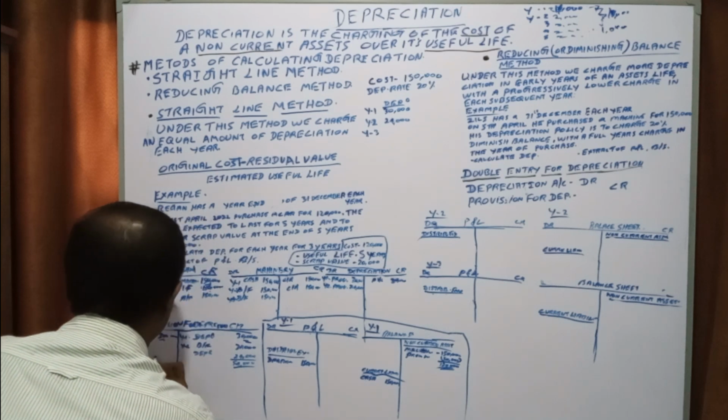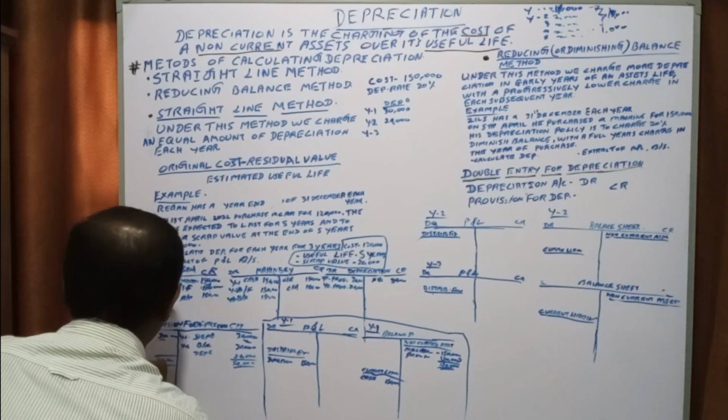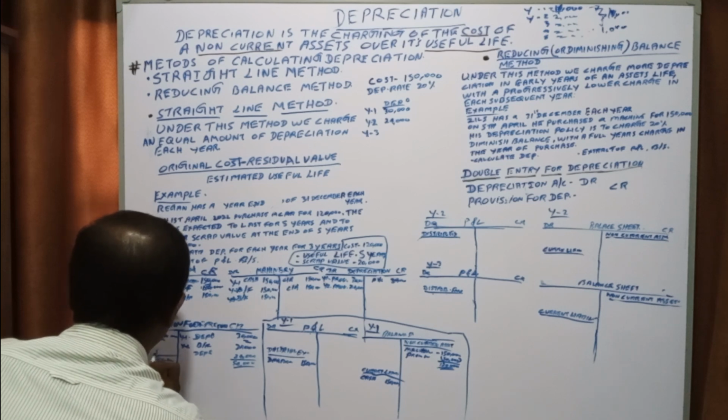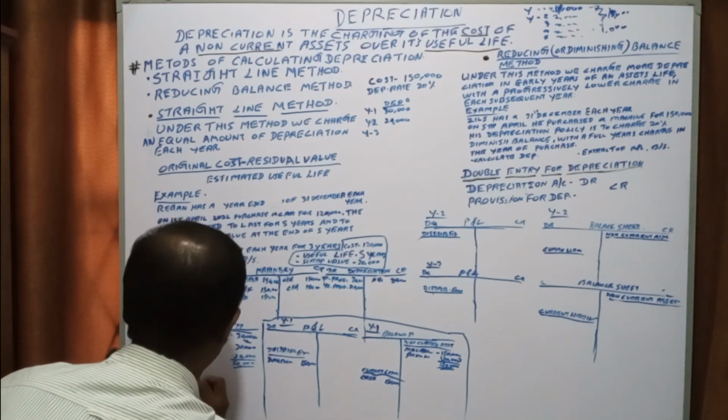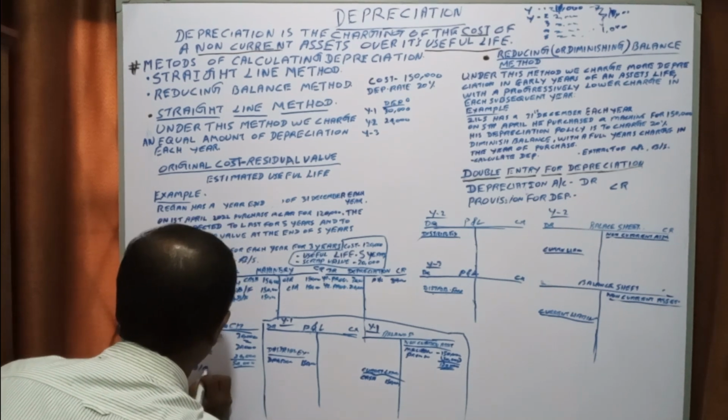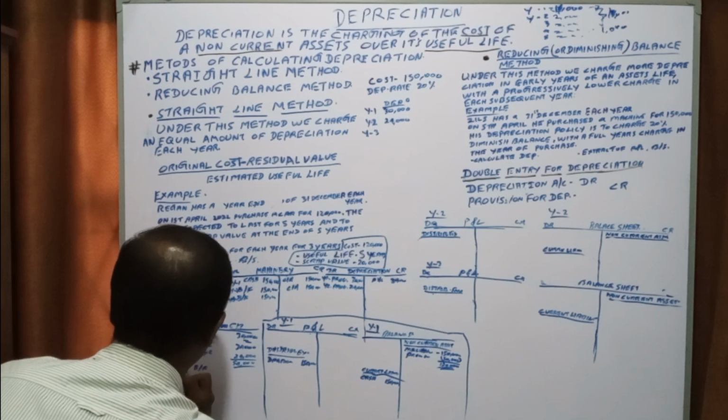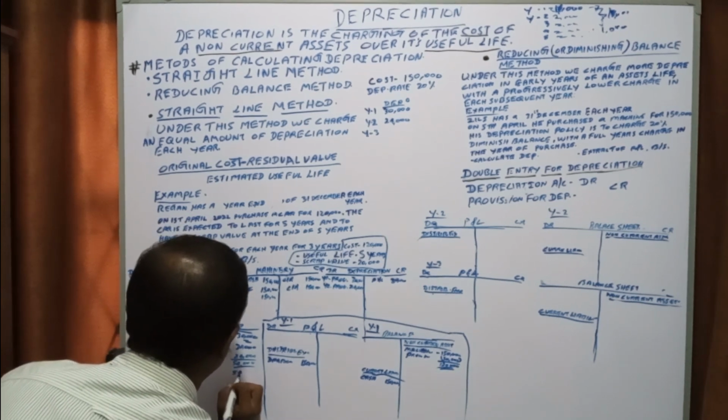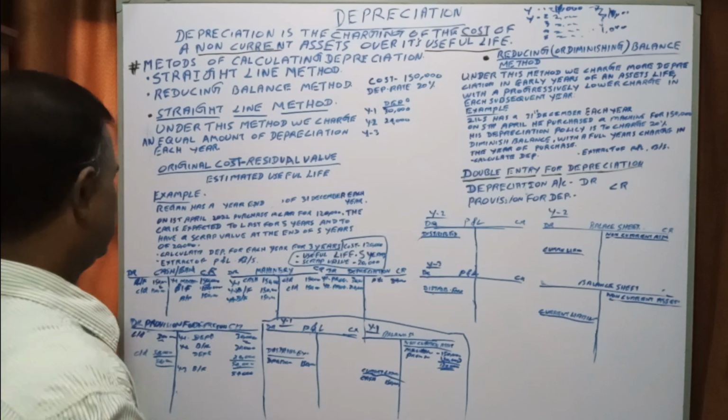Carried down balance 54,000. Brought down, brought forward balance for year 3, 54,000. Right?